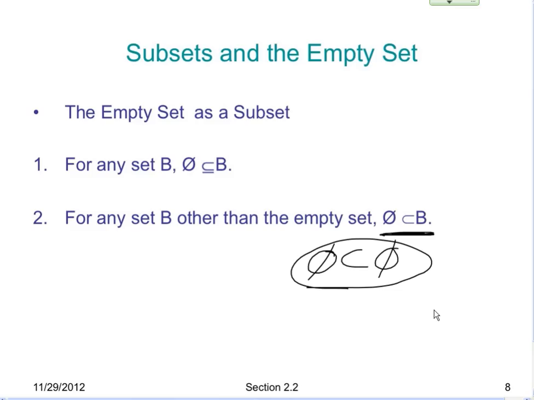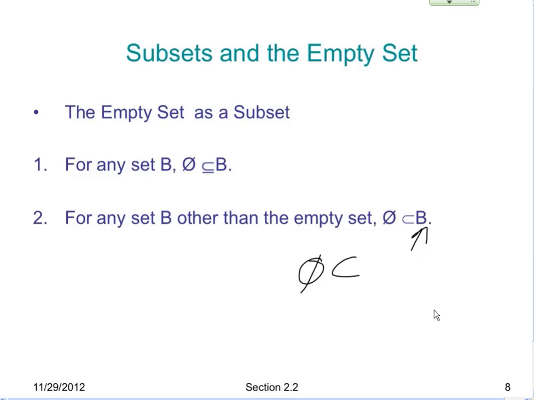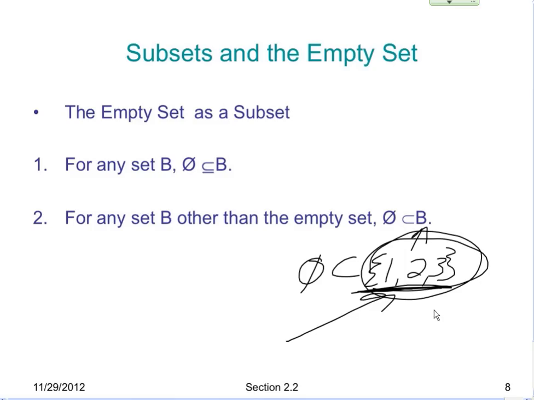Okay, remember, proper subset, they can't be equal. But as long as set B is not the empty set, so, I don't know, 1, 2, 3, this is going to be true for every set that's over here on this side. The empty set is always a proper subset of every set as long as this set is not the empty set.